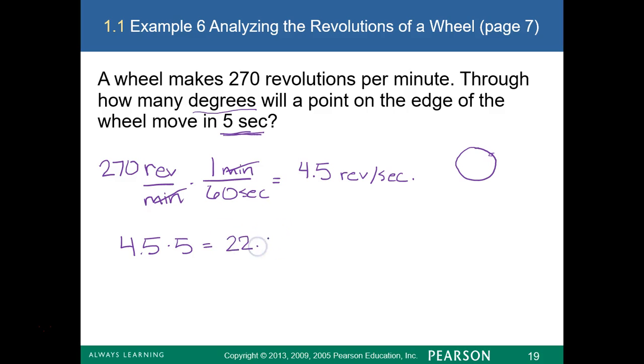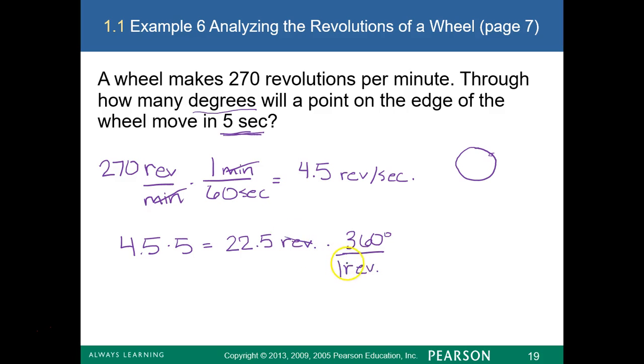revolves or rotates 22.5 revolutions. Now, in one revolution, there are 360 degrees. So multiply this by 360 degrees per one revolution.